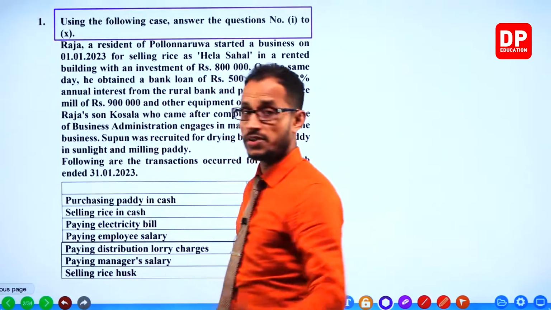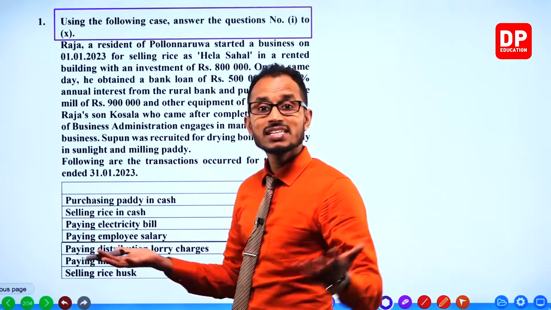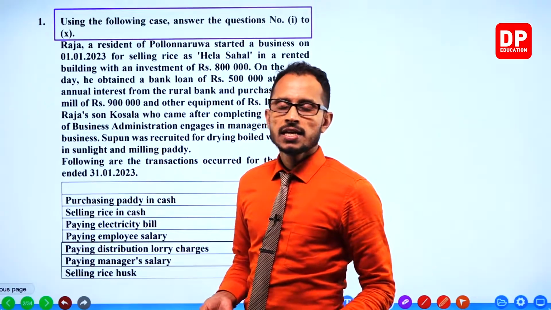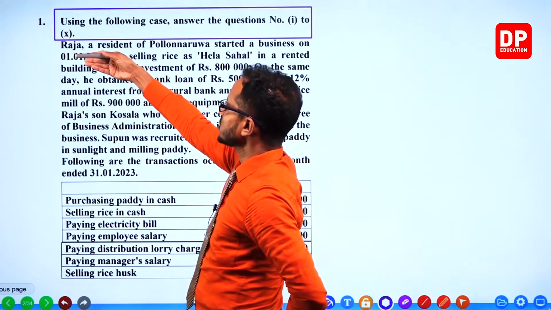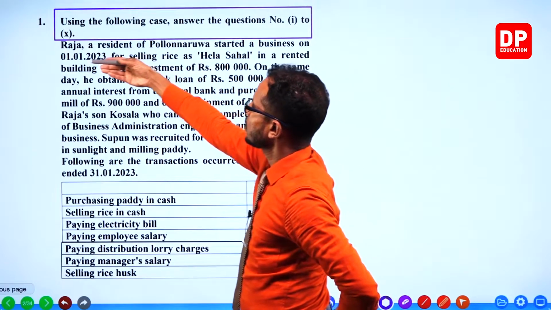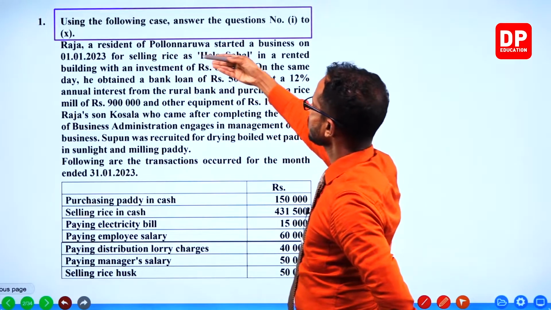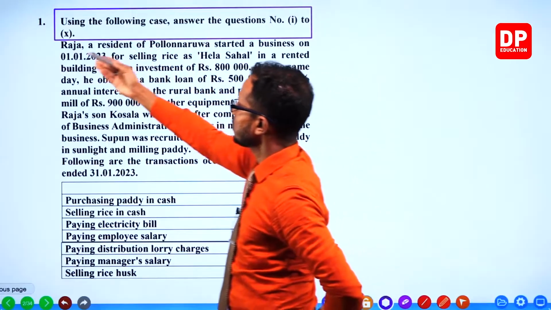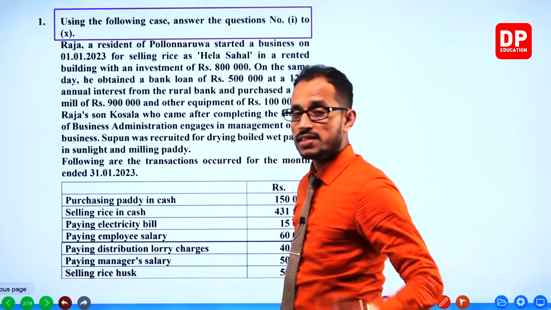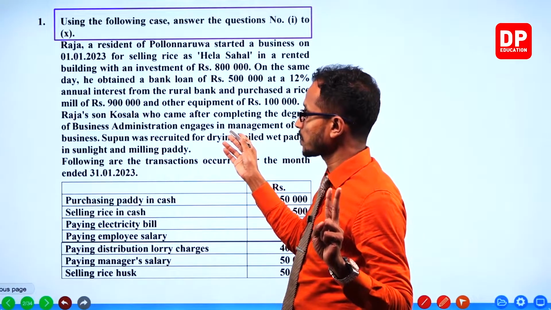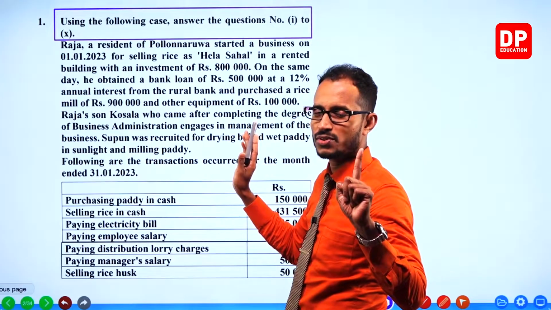So obviously when you read the questions, you know the case is about something called Hela Sahal. Raja, resident of Polonnaruwa, started a business on 1st January 2023. I'm going according to the first method.